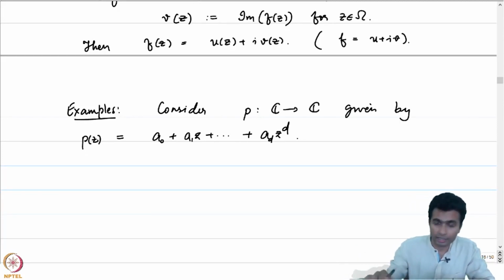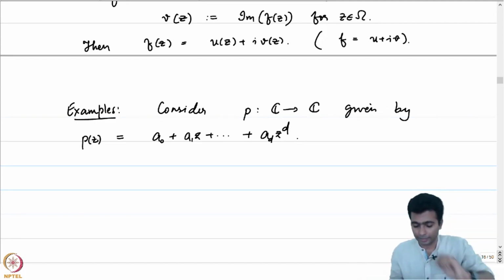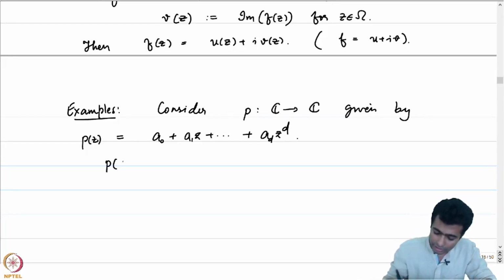Notice that the right hand side is a complex number. So, this is a polynomial in z, and because C can be identified with R2, we could also think of this as P of x comma y.